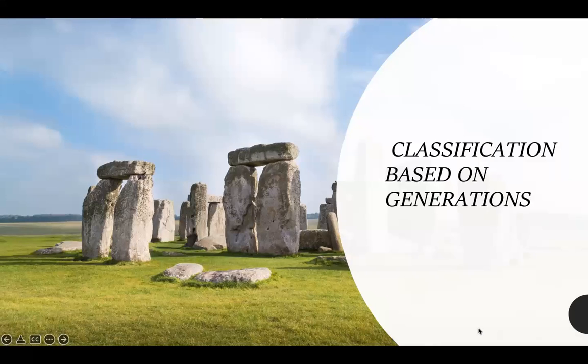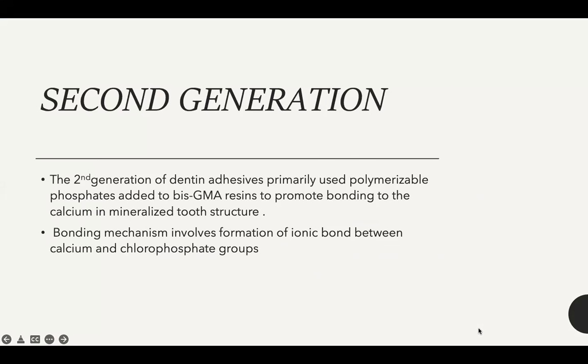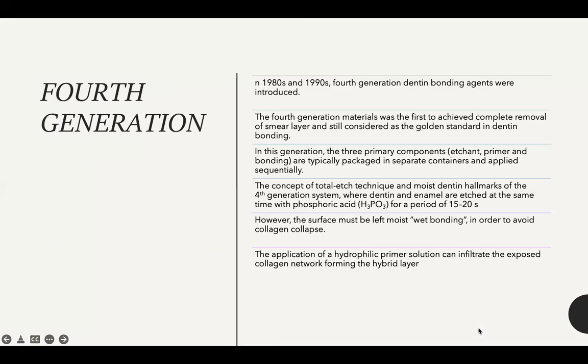Classification based on generation runs from first to eighth generation. The first three generations were experimental and are obsolete today. The real game changer in adhesive dentistry came from the 4th generation. Here they completely remove the smear layer and it is considered the gold standard in dentin bonding.